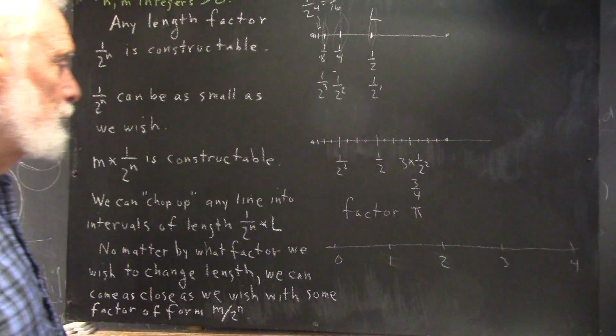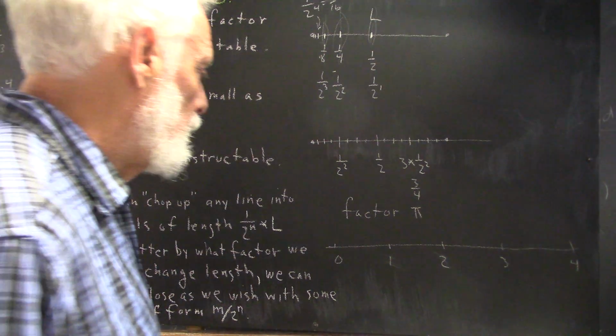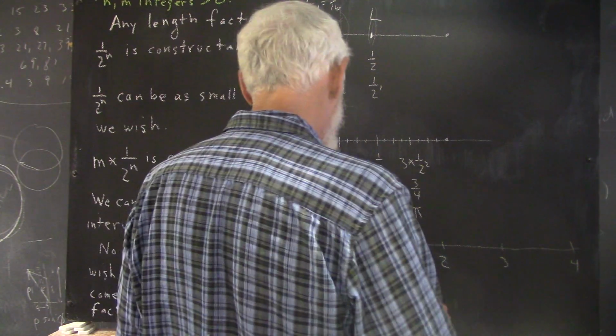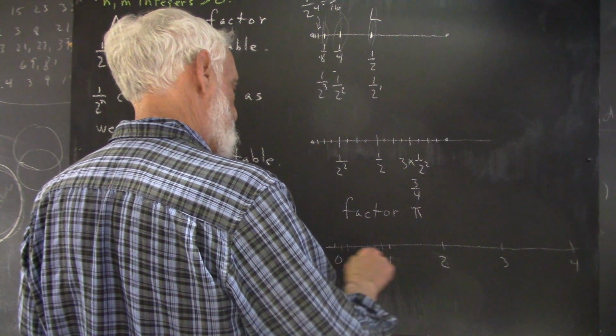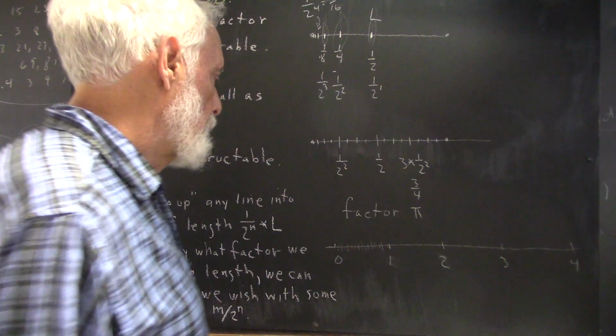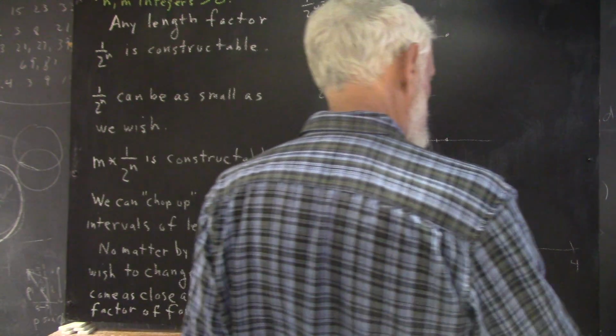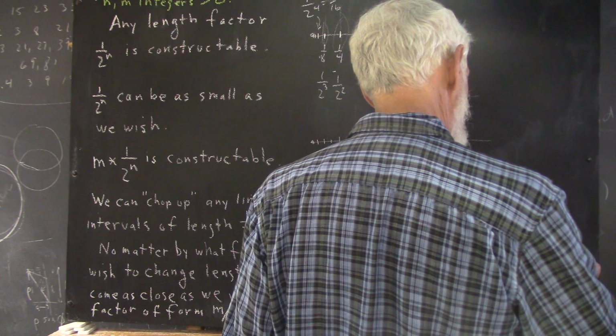Well, pi turns out to be one of those numbers that you're never going to construct. But we can subdivide a bunch of times. And of course we can then do the same subdivision on this interval here.